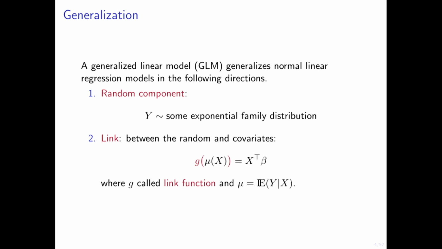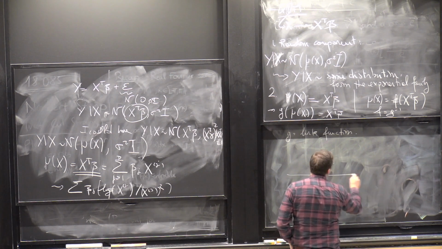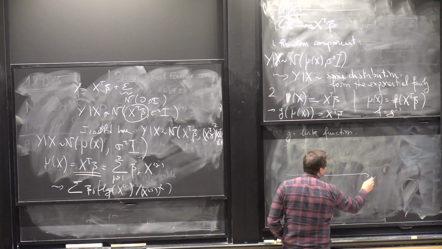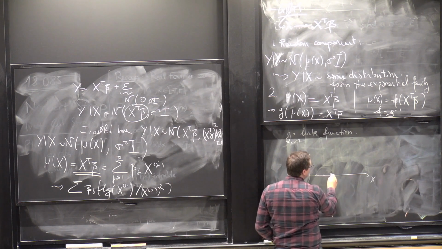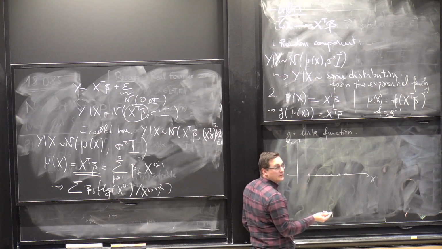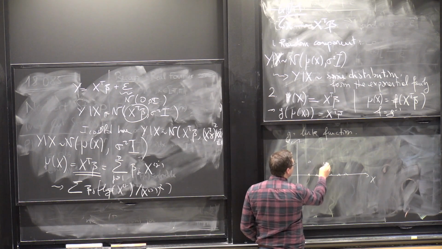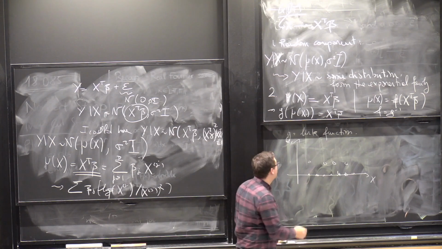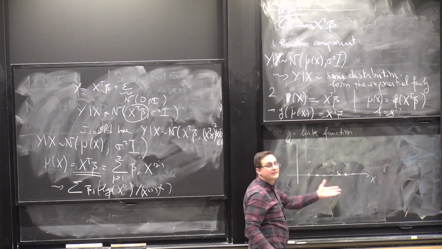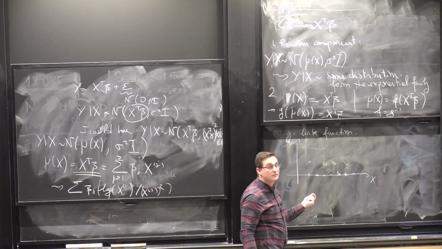Right? So this is what your picture is going to look like. You're going to have a bunch of values for x. This is your y. These are the values of x that you will get. And for y, you will see either 0 or 1, right? That's what a Bernoulli data set would look like with a one-dimensional x.